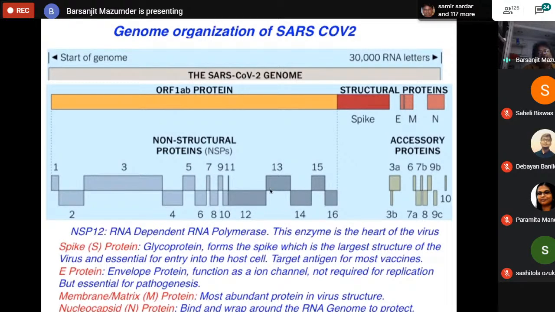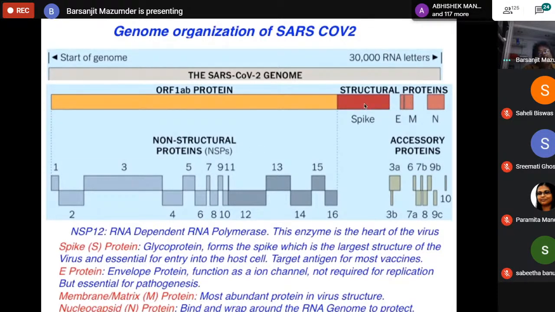Each piece plays an enormous role in viral replication inside the infected cell. However, none of these proteins get packaged into the mature virion, which is why they are called non-structural proteins. The heart of this virus is the RNA-dependent RNA polymerase, which is encoded by one of these proteins called NSP12, directly coming from ORF1ab.